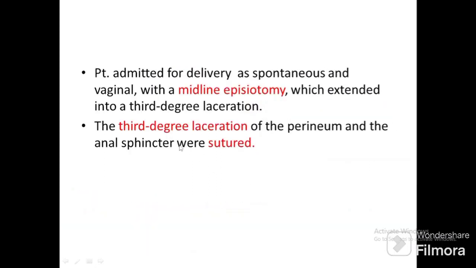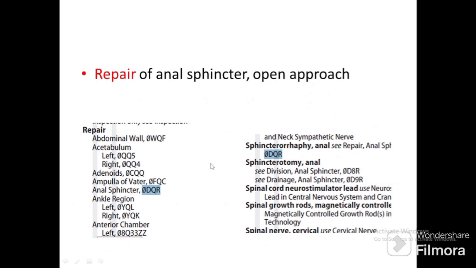So what was mentioned in the chart? A third degree laceration and anal sphincter were sutured. So we should code for that sutured procedure, and it is coded to the root operation repair. So under repair you should search for anal sphincter. See, 0DQ. Here we can also use the term sphincterography, if we know that sphincterography means the procedure related to anal sphincter.